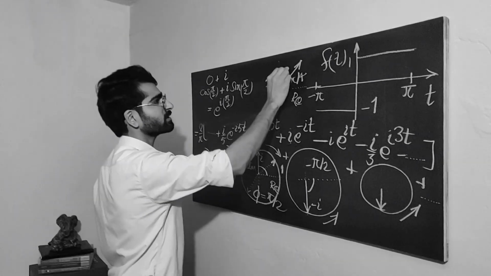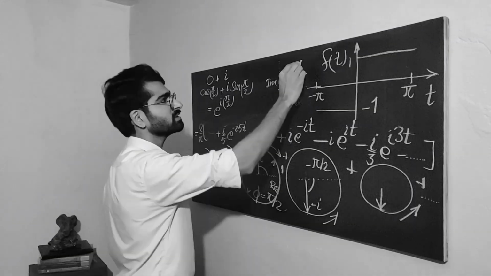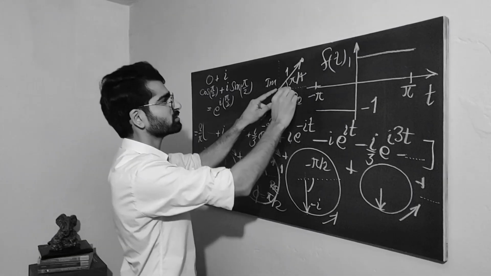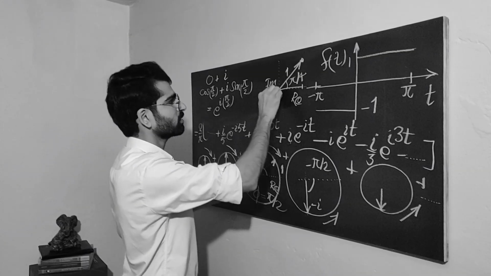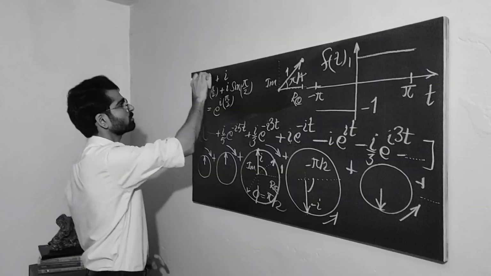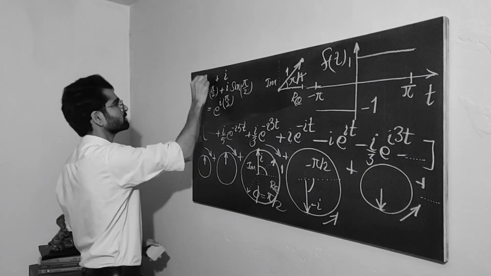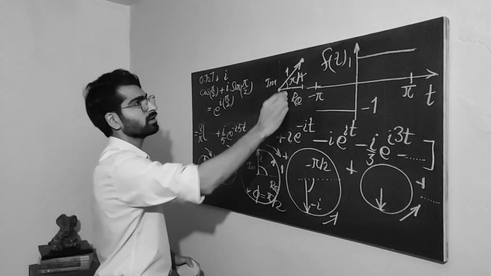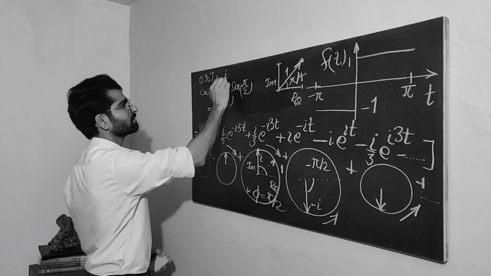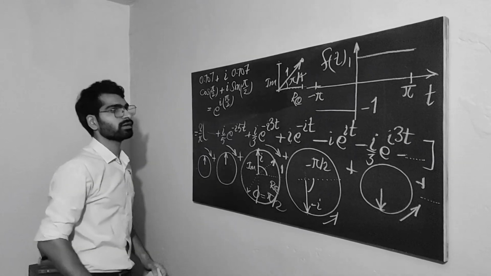If the size of the vector is 1, like I had in this case, then you can decompose this vector: this component will be 0.70, and this component will again be 0.70.